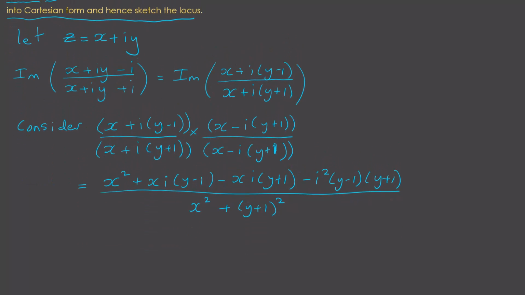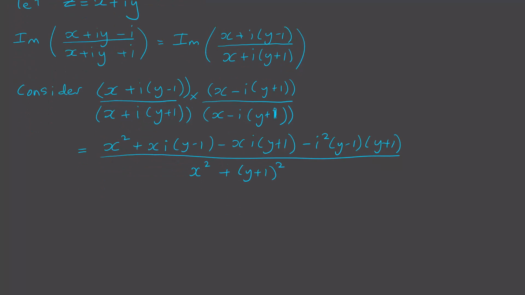Now looking at the top, we have x squared. We know that i squared is negative 1, so that's going to be plus y squared minus 1, and that would be the real part.